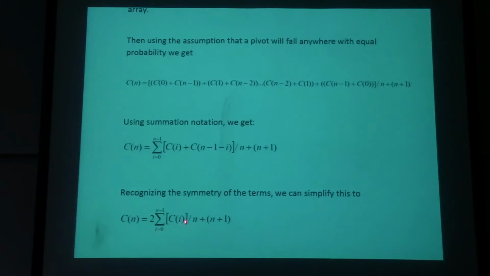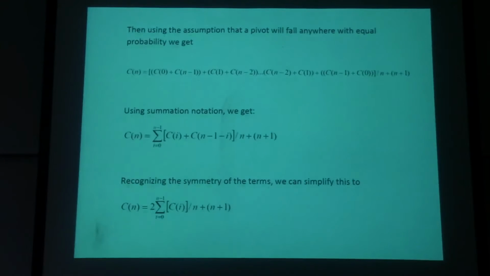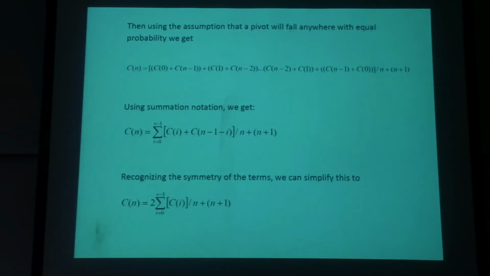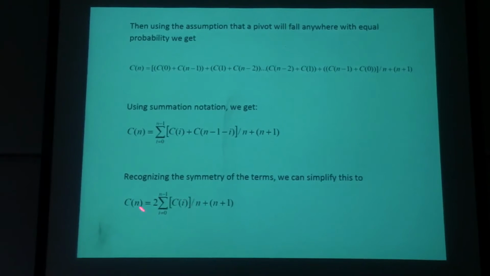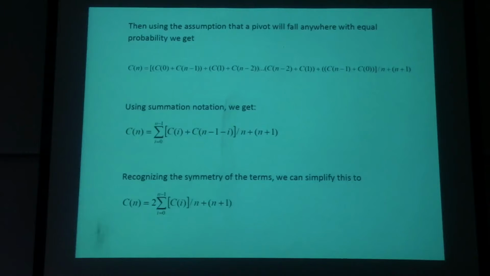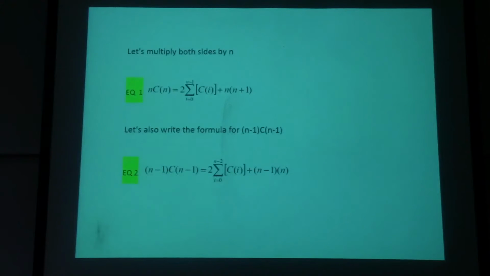This gives me C0 twice, and Cn minus 1 twice, and everything in between. So we have a balancing, that's a symmetry. The recurrence is still complicated because it has this large summation, but at least we took half of it away. So that makes it better.